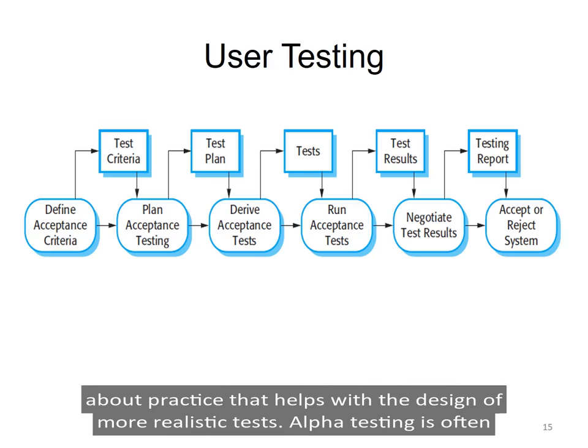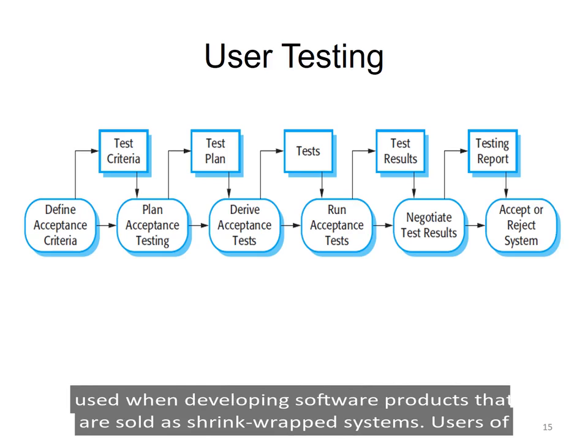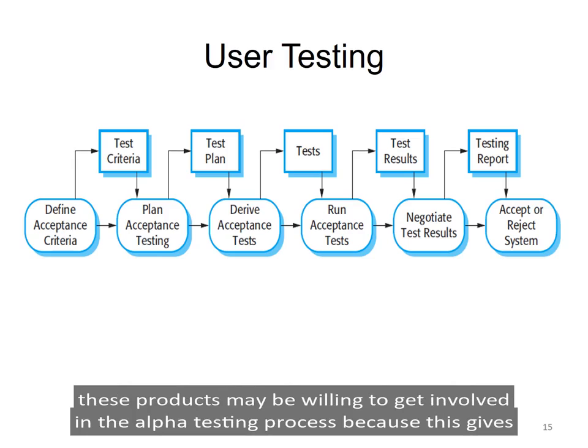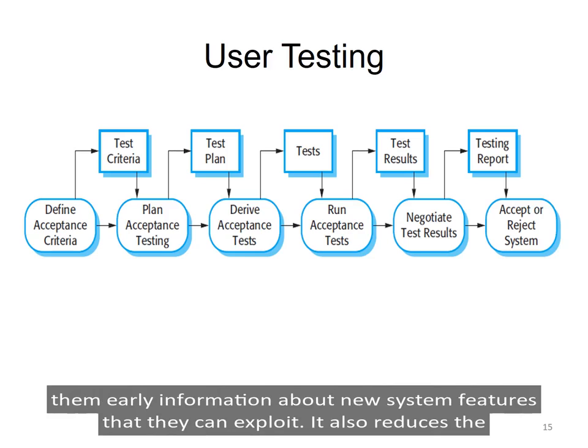Alpha testing is often used when developing software products that are sold as shrink-wrapped systems. Users of these products may be willing to get involved in the alpha testing process because this gives them early information about new system features that they can exploit.